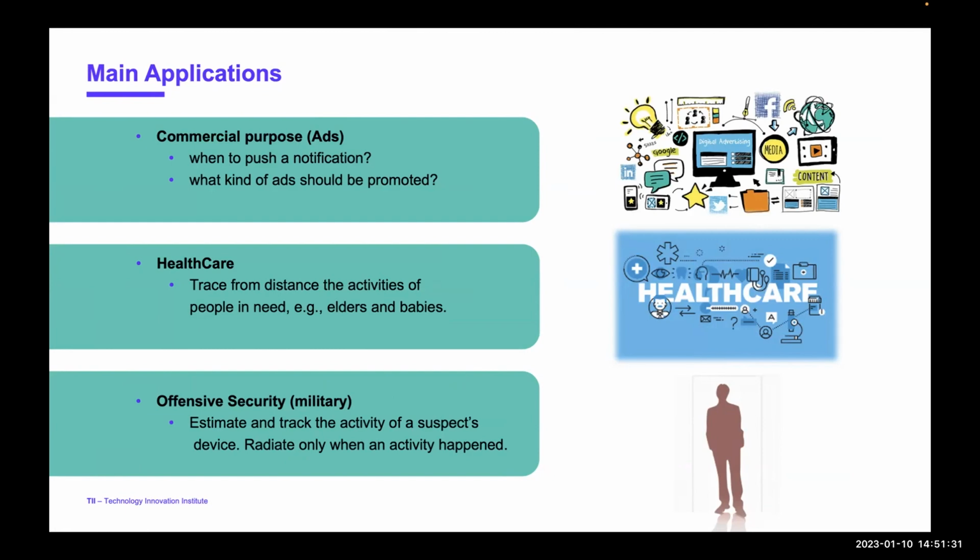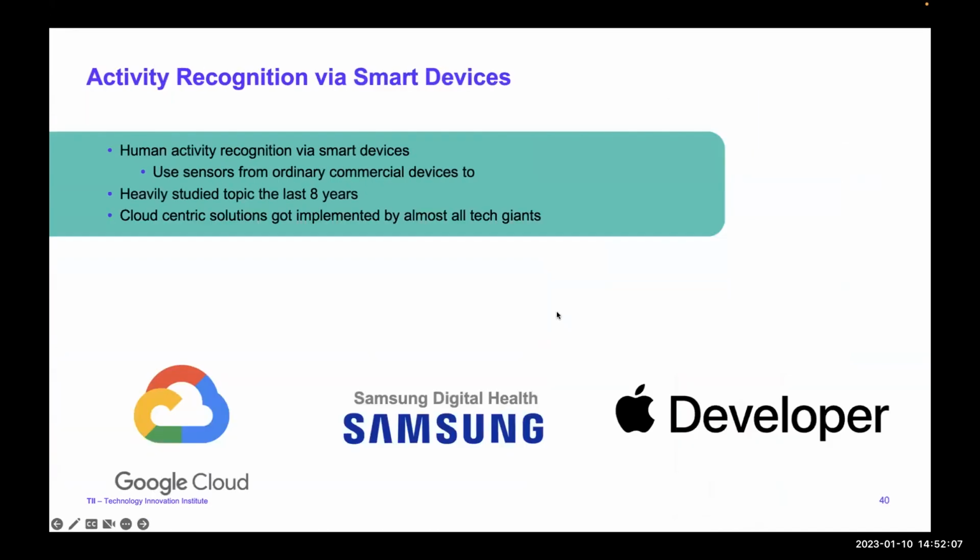For health purposes, we have a collaboration that should be starting in 2023, working on identifying, for example, the movement that elderly people are having, just to check if they are safe or not, like if they are falling down, or if they are walking the same way they were walking in the past. And then you have activity monitoring for offensive security for military purposes, to know, for example, if you are following a suspicious person, you could do that directly on the phone or on other devices.